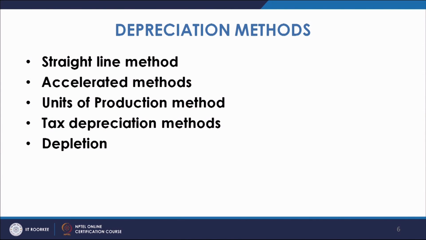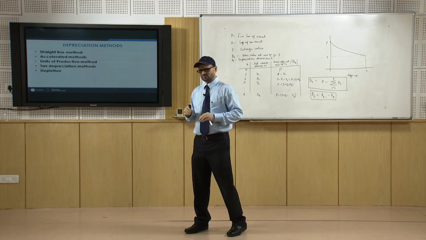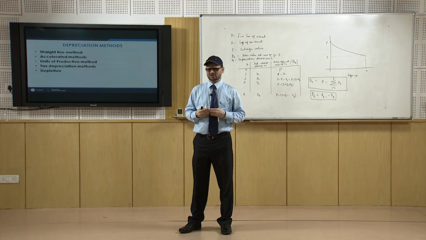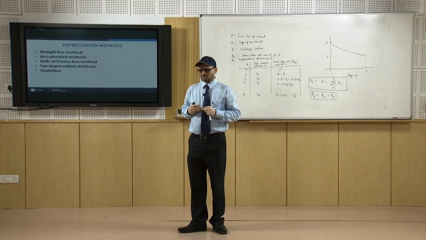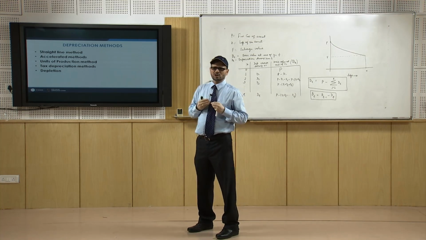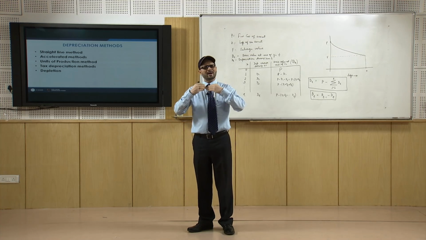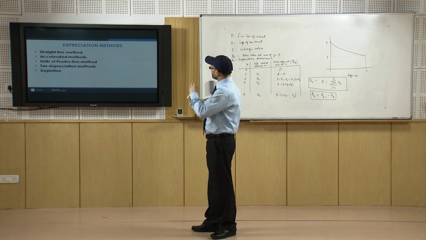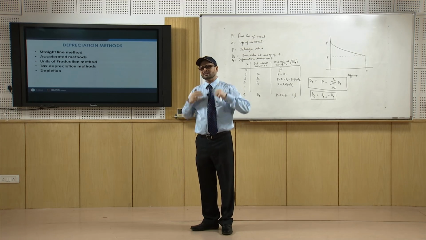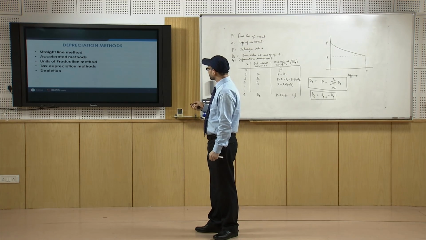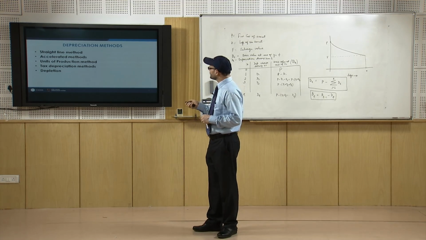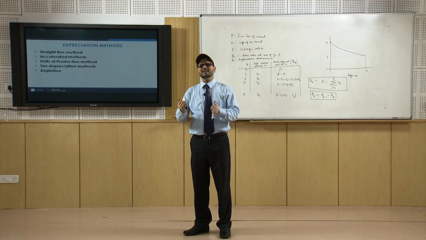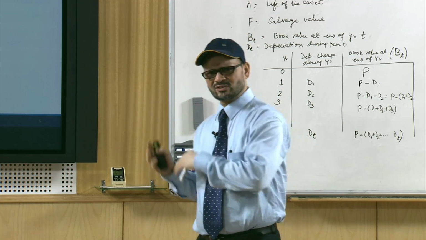Then you have tax depreciation methods. So, basically as we had discussed earlier, depreciation is also used for tax calculations. The industries are promoted to go for investing more and more. Now, industries use the machines or assets to generate income, and in turn they provide employment. Now, they produce the income out of which they have to pay tax. So, the government gives certain freedom to them. On the depreciation which is there on these machines, the government gives a rebate on tax on those amounts.